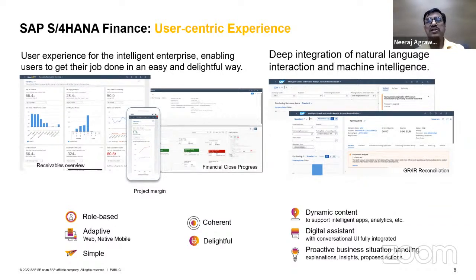It's much faster, with much better performance. And the content is becoming more and more dynamic, with intelligence being added to it, which makes it really usable. Also, now a lot of things like digital assistants and dynamic content are coming, which can make life much simpler and easier, and provide much better analytics and reporting capabilities.